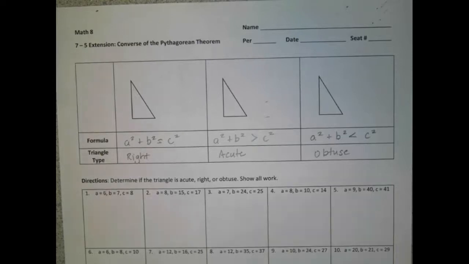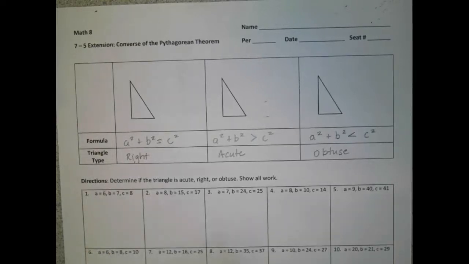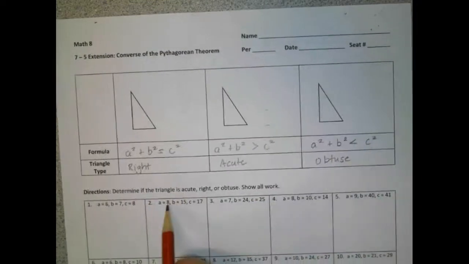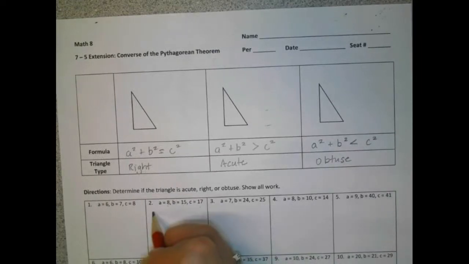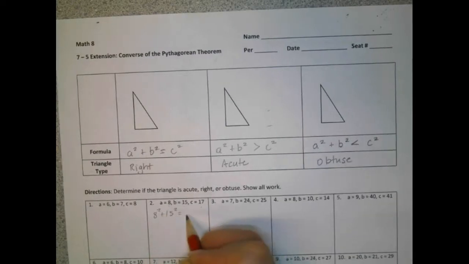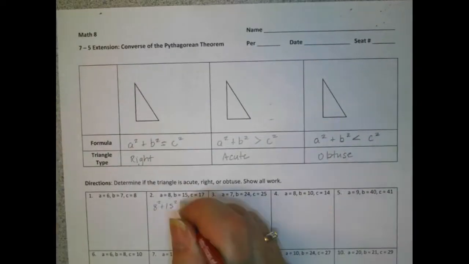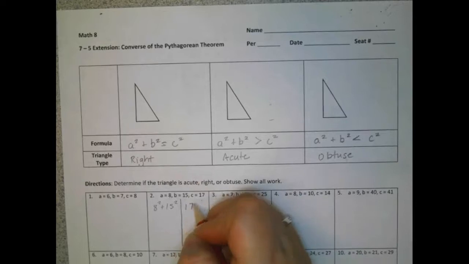All right, so we're going to go ahead and determine, let's look at number 2. This tells me that A is 8, B is 15, and C is 17. So I can say 8 squared plus 15 squared is equal to, actually, let's leave that blank, okay, and we'll just draw a line, 17 squared.